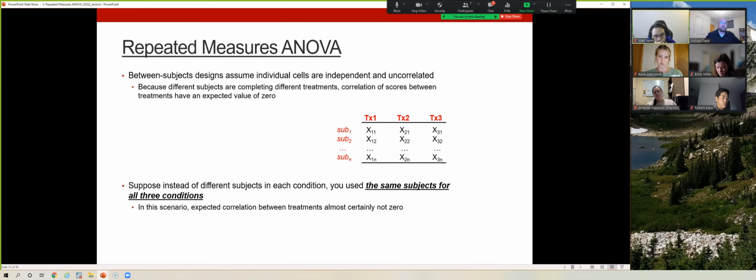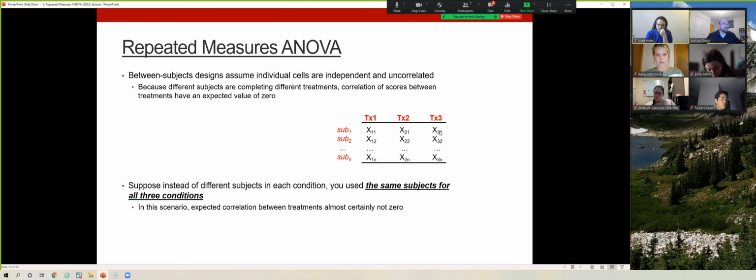But let's say instead of different participants in each condition, we had the same people in all 3 conditions. In this situation, we've got participants 1, 2, 3 to n. First, they complete manipulation 1, then they complete manipulation 2, and then they complete manipulation 3.